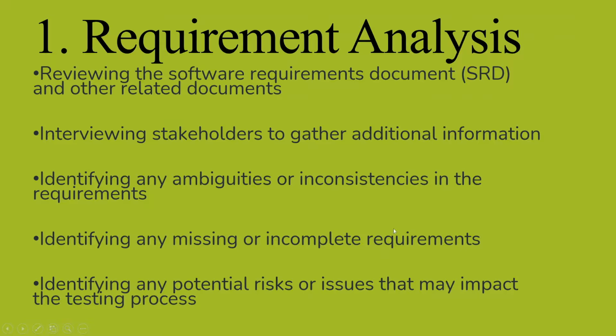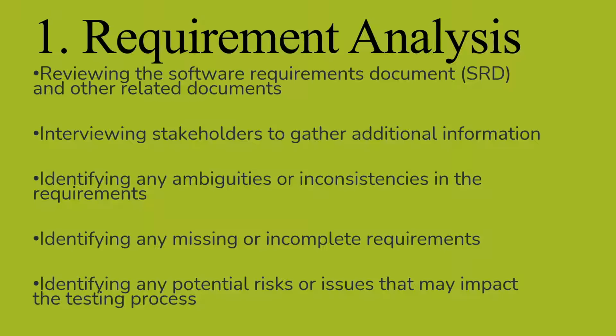So we can look into each phase. First one, requirement analysis. In this phase, we are reviewing the software requirement document, SRD, and other related documents. On doing this analysis, we may have some doubts or need clarification.